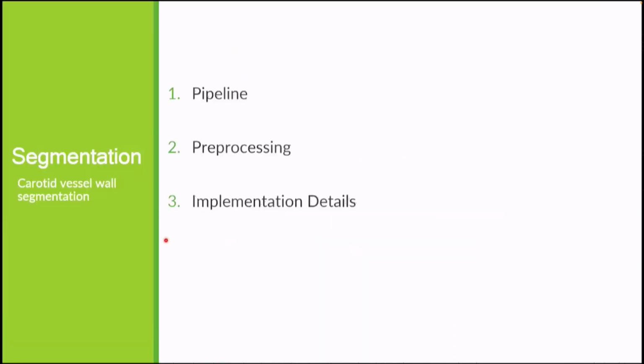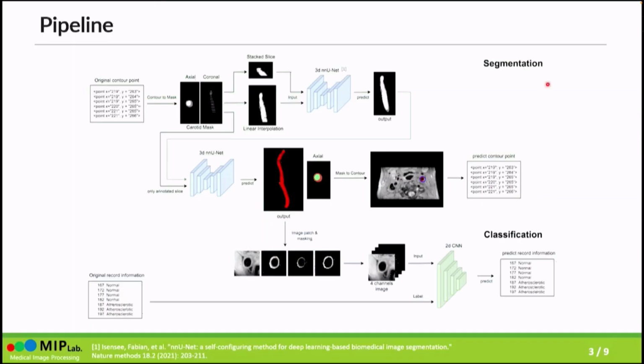First, carotid vessel segmentation. Carotid vessel segmentation was performed using a 3D method. Data preprocessing is required for 3D segmentation. First, we create a segmentation label from the given control points. We train 3D nnUNet in 2 steps.